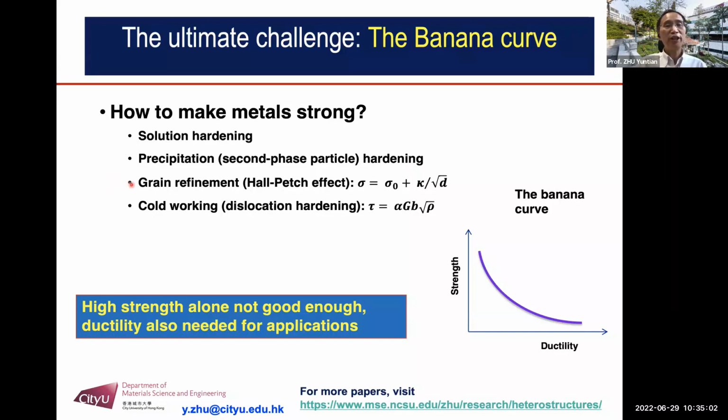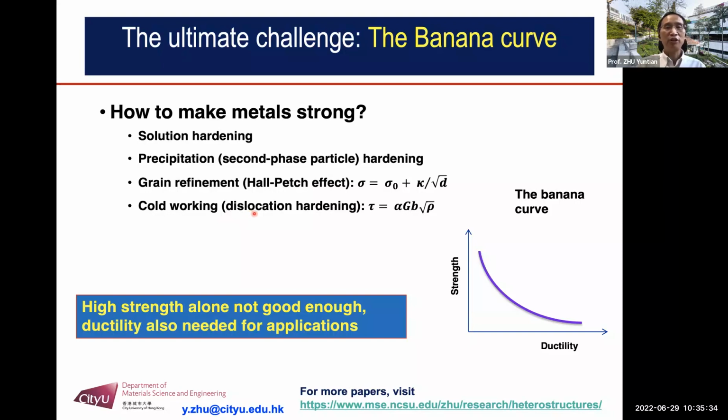Or you can use grain refinement. In the past 40 years, people have been working on nanostructured metals. Basically, the principle for that is the Hall-Petch effect. Like, the smaller the grain size, the higher the strength. Then cold working: if you deform them at room temperature or liquid nitrogen temperature, they will become stronger.